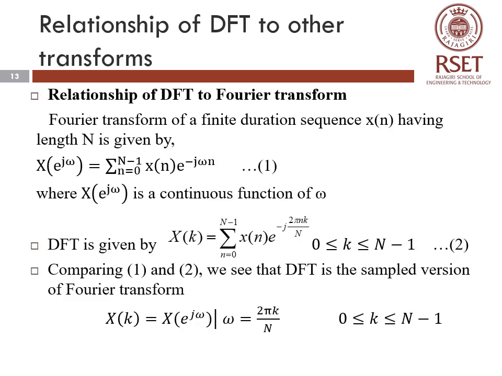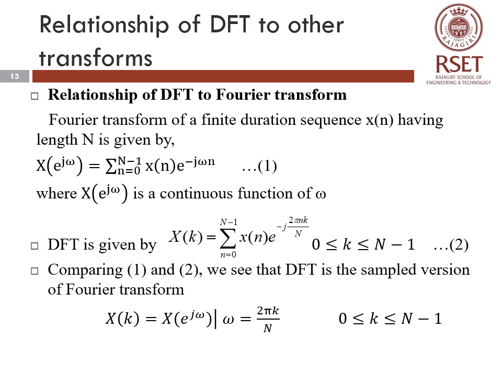Next we shall see the relationship of DFT to other transforms. So first is the relationship of DFT to Fourier transform. The Fourier transform of a sequence of finite duration of length n is given as equation 1, X of e power j omega is equal to sigma n from 0 to n minus 1 x of n e raised to minus j omega n, where X of e power j omega is a continuous function of omega, and DFT is given as X of k is equal to sigma n from 0 to n minus 1 x of n e raised to minus j 2 pi n k by n.